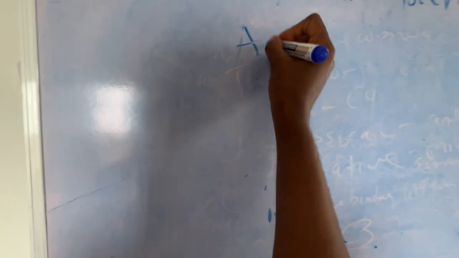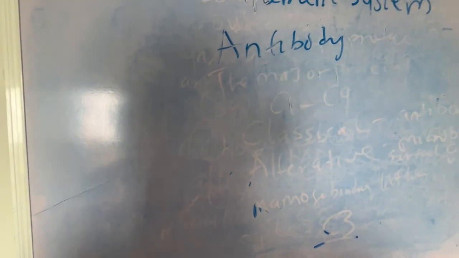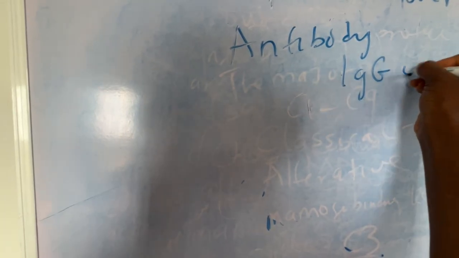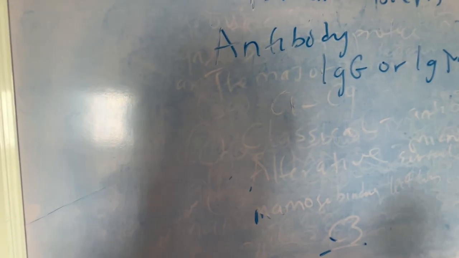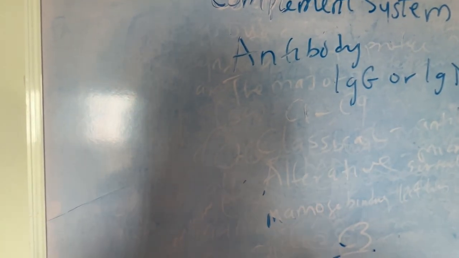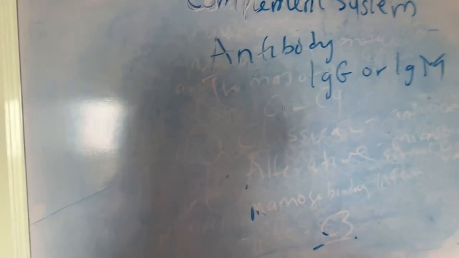The classical pathway is activated by the binding of antibody to the antigen of a pathogen. The antibodies involved in this reaction can either be IgG or IgM. Don't forget that. The binding of IgG or IgM to the antigen of a pathogen activates the classical pathway of the complement system.